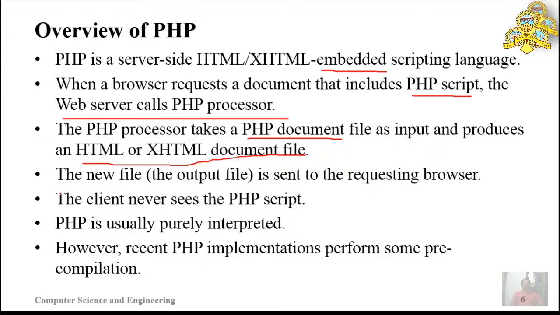The result of the PHP document processing, usually a new file or code, is sent to the requesting browser. The main advantage of this process is that the client never sees the PHP script. That means the server-side script is not visible to the end user. He will get only the result of PHP document processing at the server side, and PHP is usually interpreted.